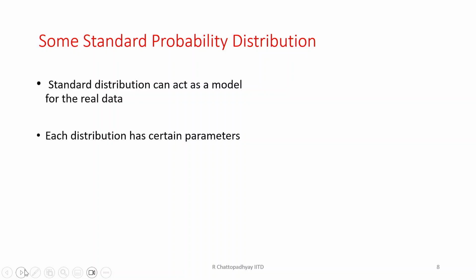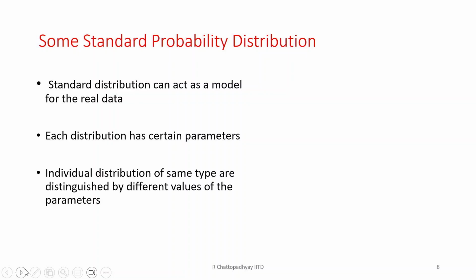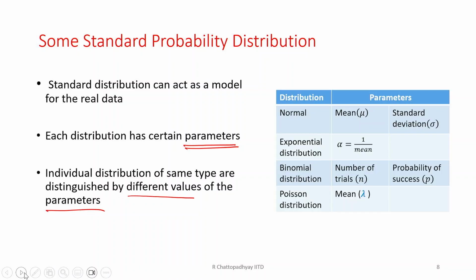Each distribution has certain parameters which will define or describe the distribution. Individual distributions of the same type are distinguished by different values of the parameters. You will learn more about them gradually.